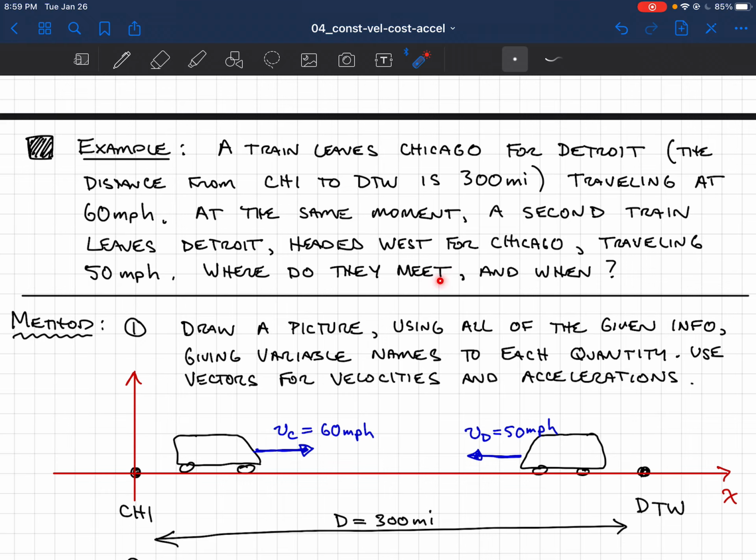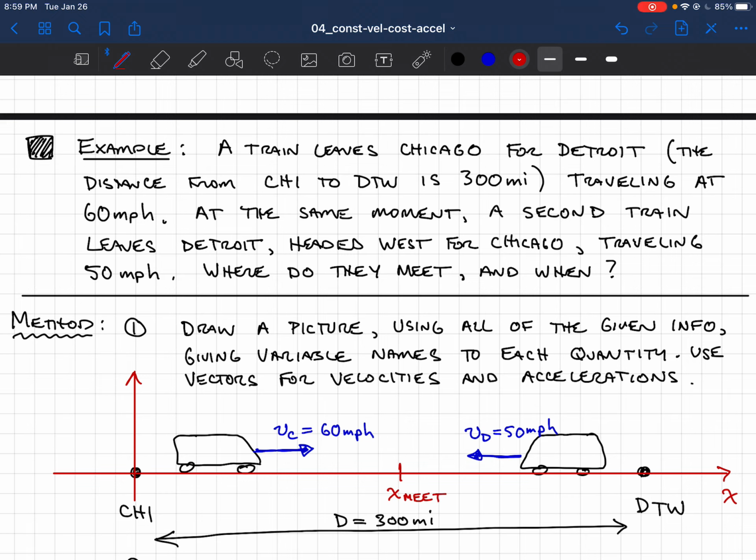So what does it mean to meet? Well, it means that these two trains will, hopefully they won't hit each other, hopefully they're on parallel tracks, but there's going to be some point here, which we could call x meet, where they are at the same position. That's what it means for them to meet.